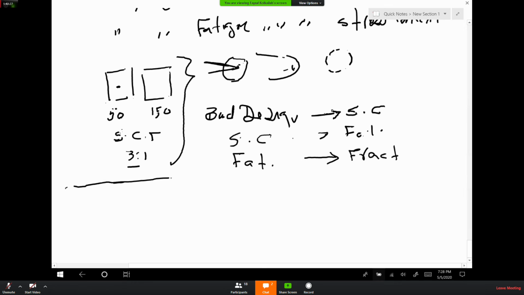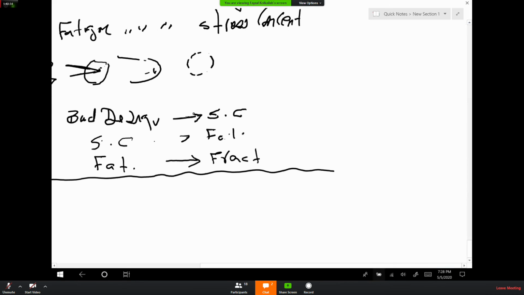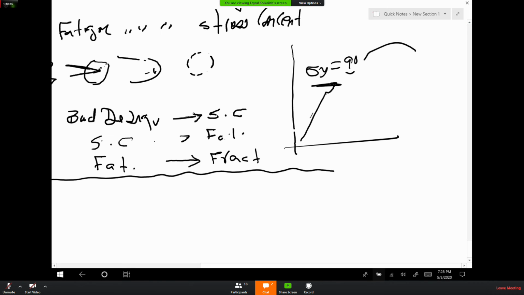So fatigue is a very bad situation. For a monotonic loading like this, if this sigma yield is 90, due to fatigue, fracture failure is going to happen at about 30. That's how bad fatigue is.